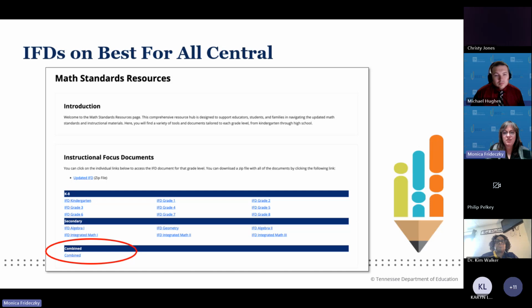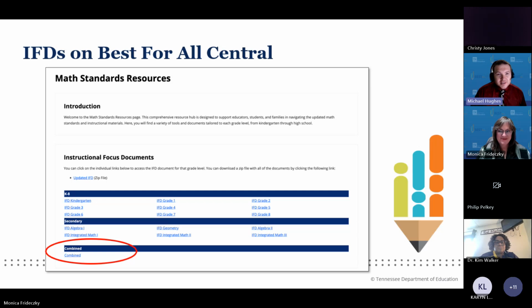Personally, if I was going to download them onto something, the one at the bottom that's circled in red that says combined, if you download that onto your device, it makes it much easier to find what you're looking for because you can use Control F to search for key terms.